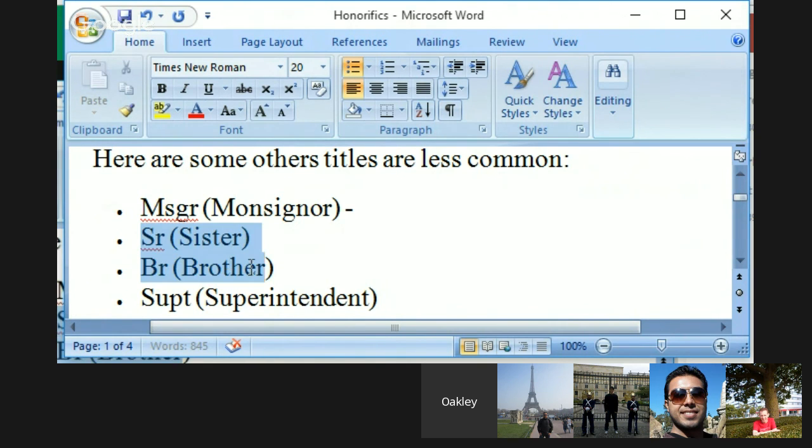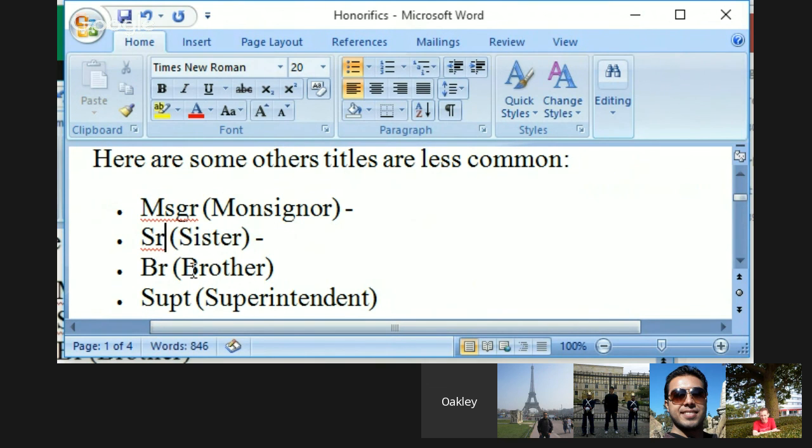Okay, the next two are also related, so Carlos, let's go ahead and look at those two. Who is a sister? It's strange, but the pronunciation is sir.